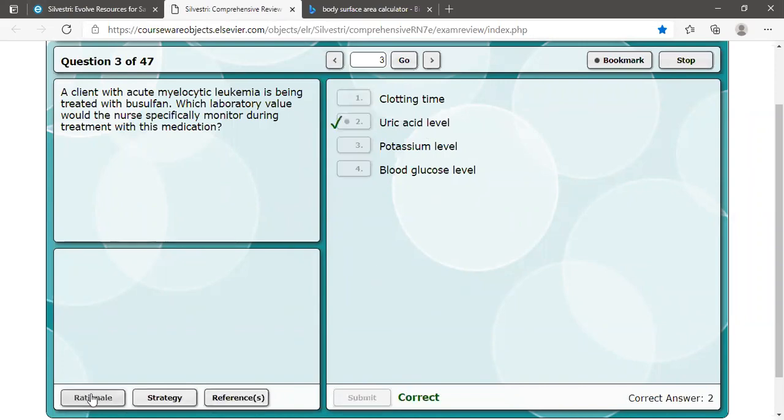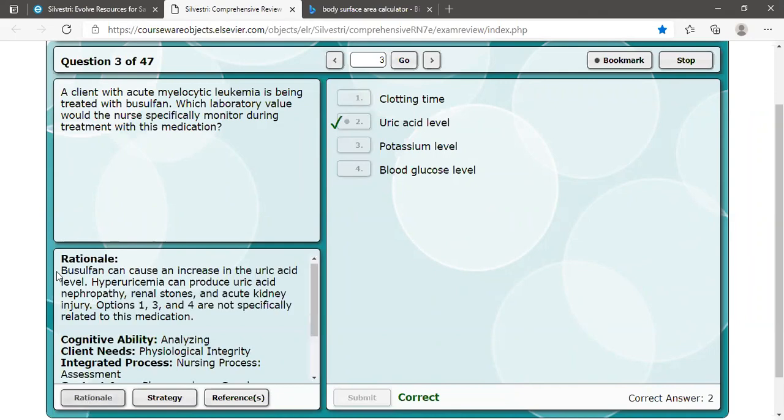So what is the explanation? Busulfan can cause an increase in the uric acid level, or hyperuricemia, and can produce uric acid, and it can cause nephropathy, renal stones, or acute kidney injuries.